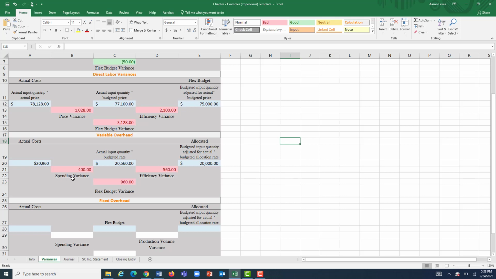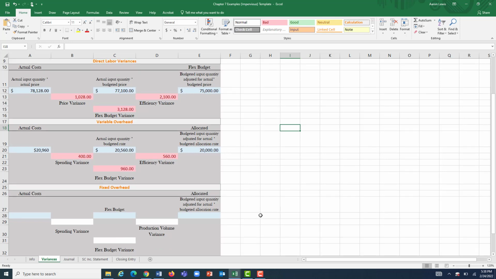If we add together our $400 unfavorable variable overhead spending variance and our $560 unfavorable variable overhead efficiency variance, that totals up to the $960 unfavorable flex budget variance that we had for variable overhead. Then moving on, lastly, to our fixed overhead variances.